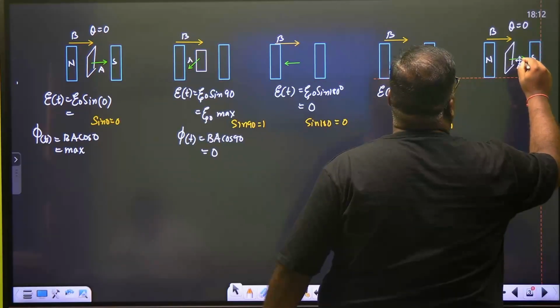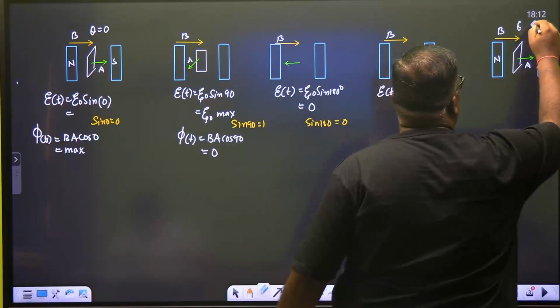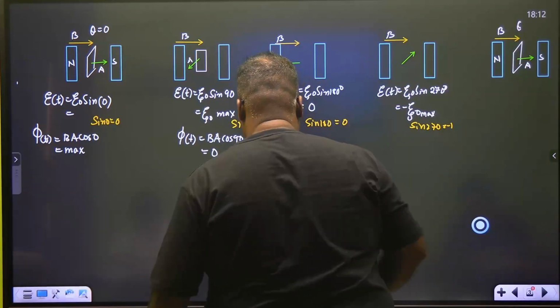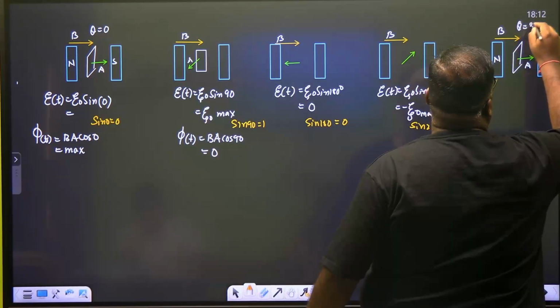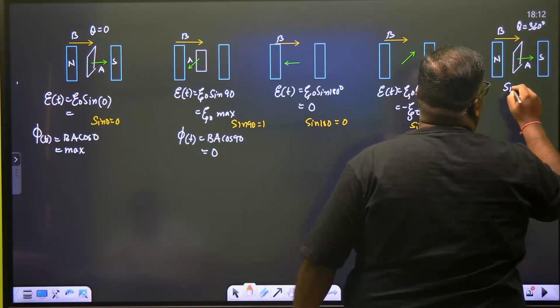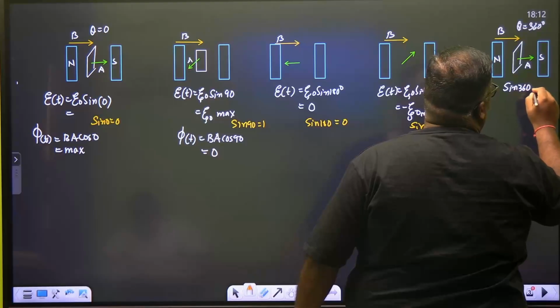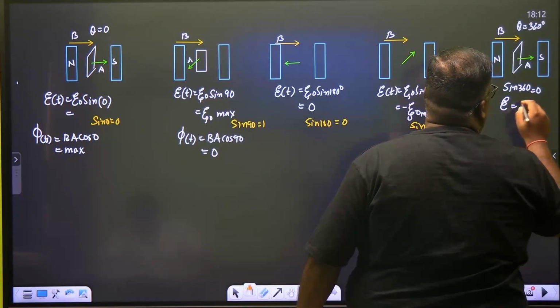This is the last one, right? The only change I will put here is that theta is now equal to 360 degrees, and sine 360 will also give me a 0. So your E becomes 0.